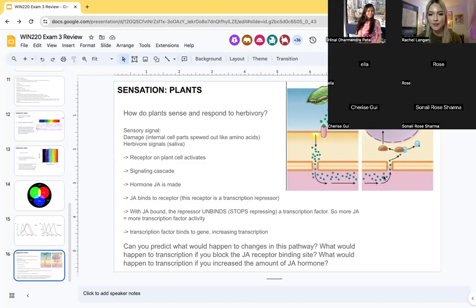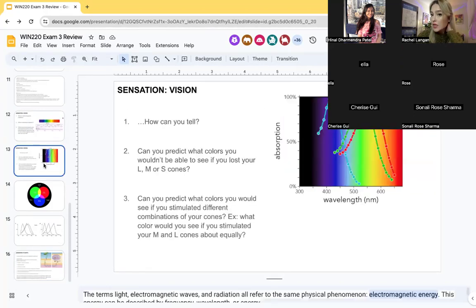Another question. I think you already explained this, but just to make sure: if we lose our L cone, then we can't see red and orange. Yes, exactly.